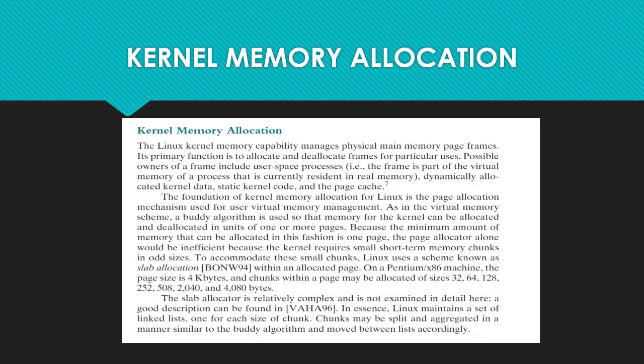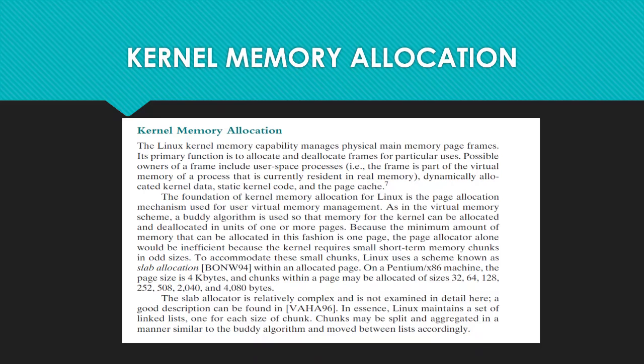Kernel memory allocation. The Linux kernel memory capability manages physical main memory page frames. Its primary function is to allocate and deallocate frames for particular users.